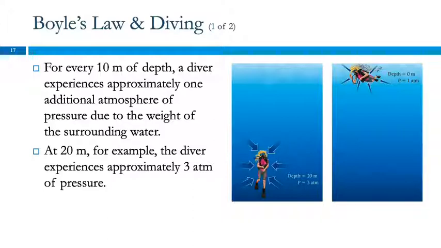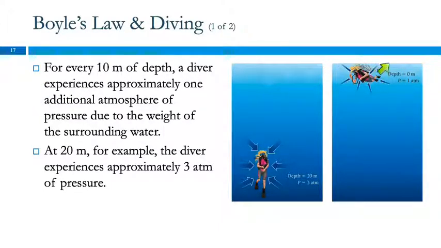So Boyle's law has implications for scuba diving. As you go down underwater, pressure increases. And the pressure increases very quickly because it's not air that's putting pressure on you, it's water, and water is much more dense. For every 10 meters that you go down, you experience about an additional atmosphere of pressure.